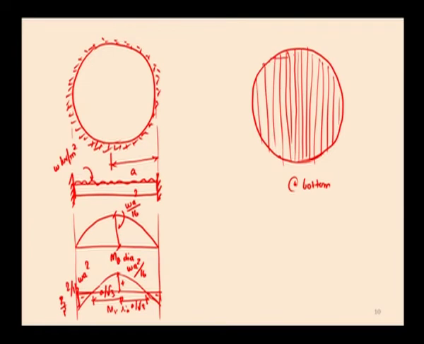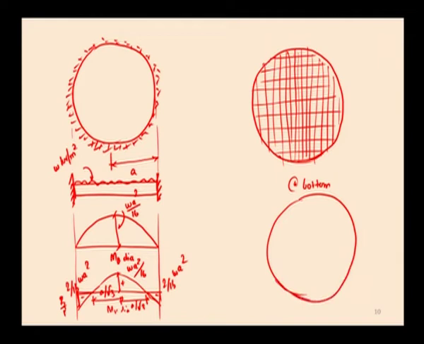Now, in the case of a fixed slab, since it is fixed, there is a radial negative bending moment at the support. So, in order to resist this radial moment of 2 by 16 W a squared, we need to also provide reinforcement at the top. This figure shows the top reinforcement, along the radial direction.